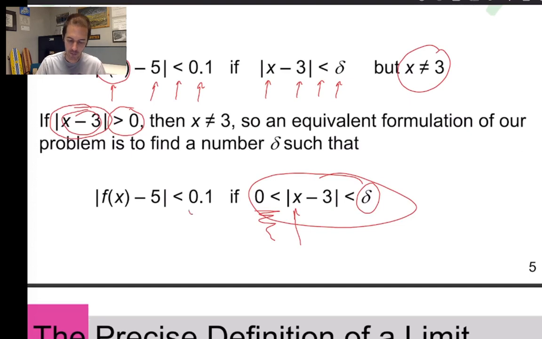This number, the wiggle room that we're given in the y direction, again, is our epsilon value.